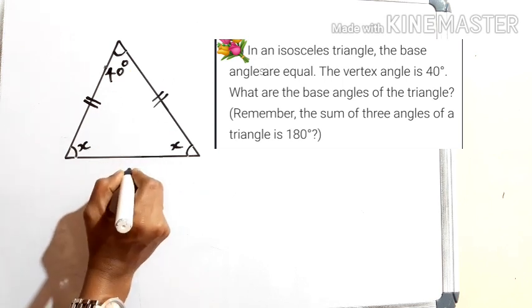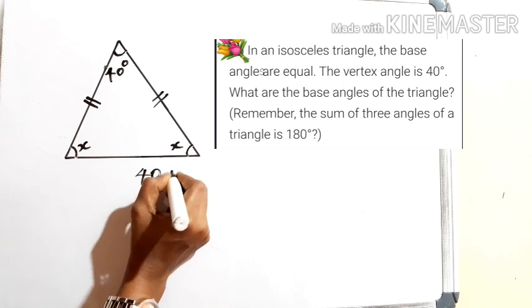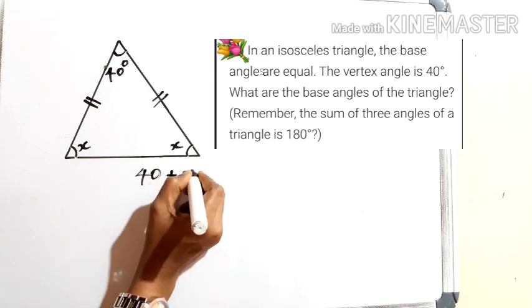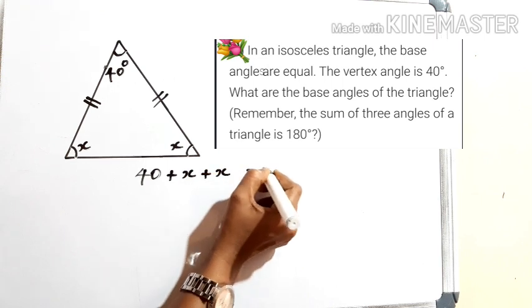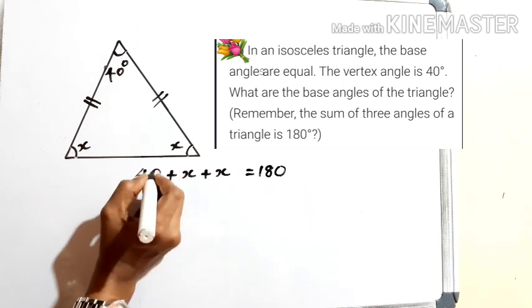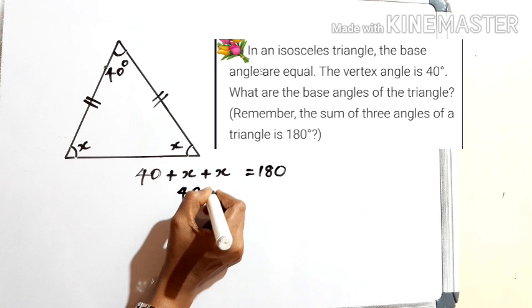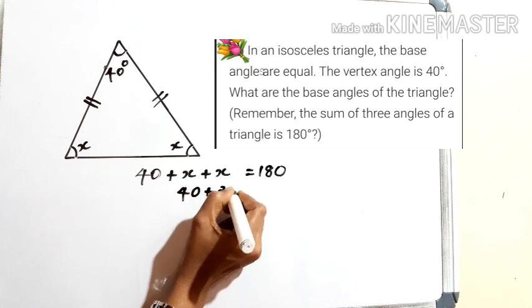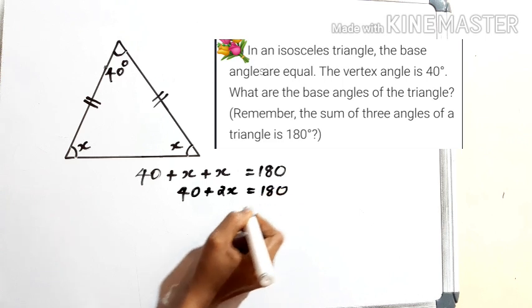How will we form it? Listen carefully, children. 40 degree plus x degree plus x degree equals 180 degree, right? Then x plus x, 2x. 40 degree plus 2x degree equals 180 degree.